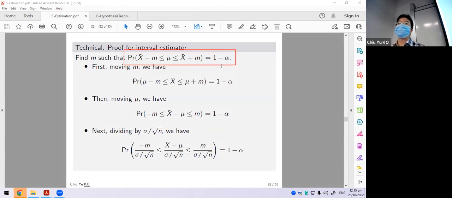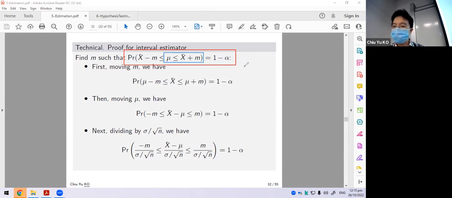If you have an old version, you may not find this one, but this is the same as the proof in the original slide. Now, suppose you look at this blue part first.